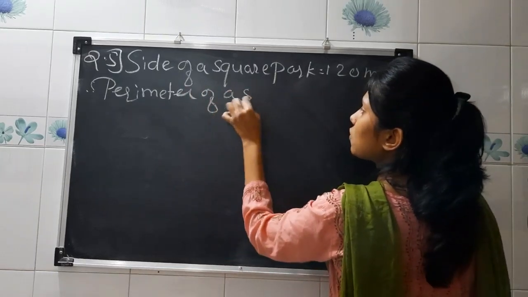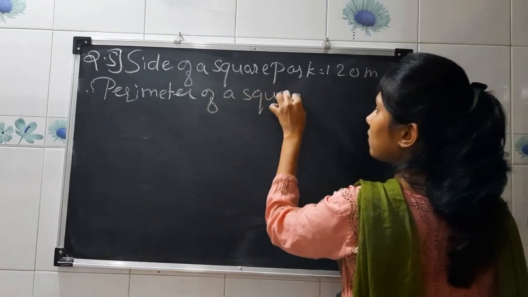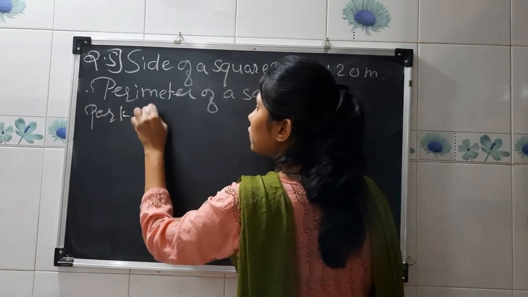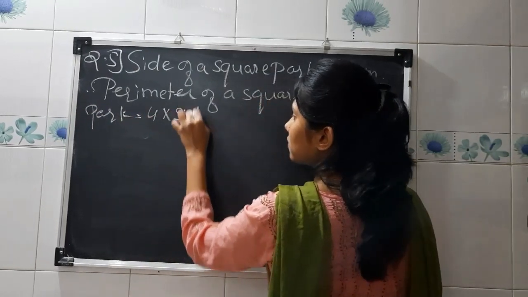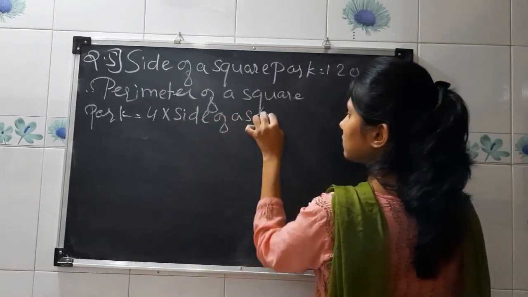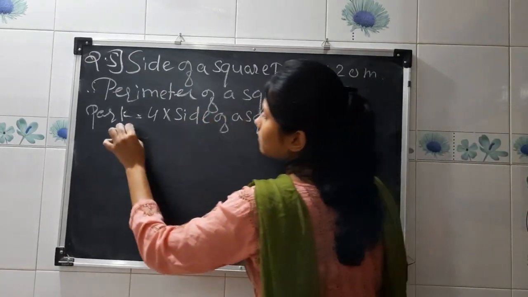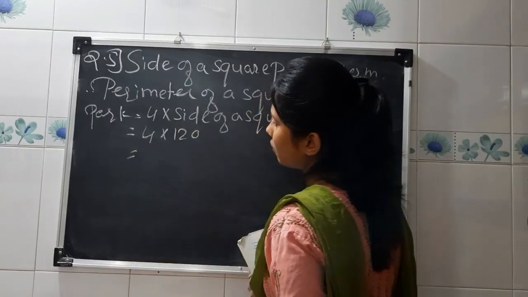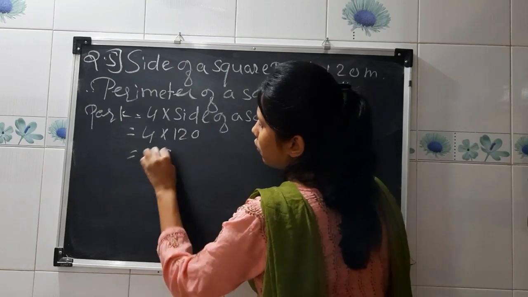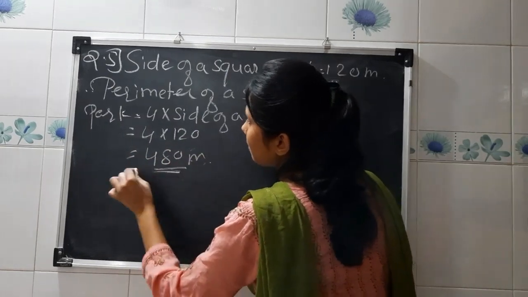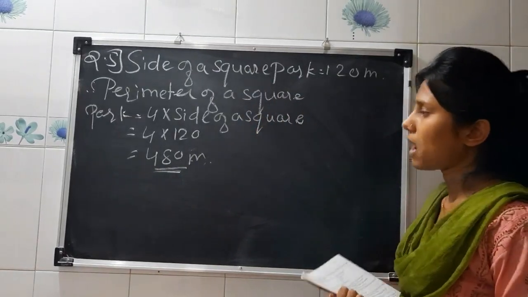Okay, we have to first find out the perimeter of a square. Perimeter of a square park, 4 into side of a square, into 120, 480 meters is the perimeter of the square park.